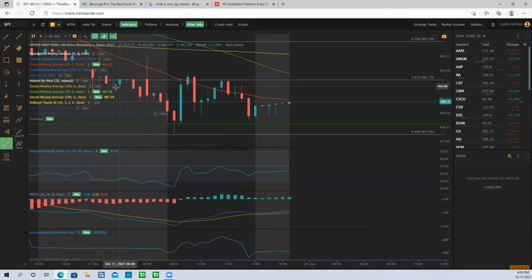So let's just draw a level here. Look, SPY going up. We could have taken a level here, 462.42. Once we broke this level, we could have taken calls here, and that would have been the better move than taking the breakout level with the fib.